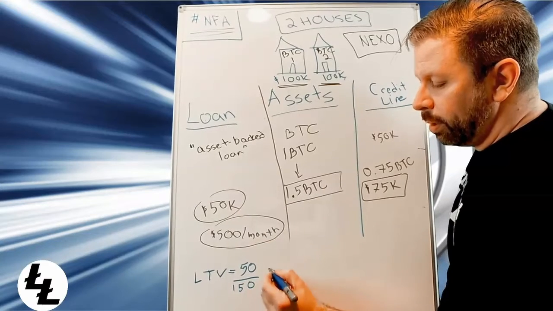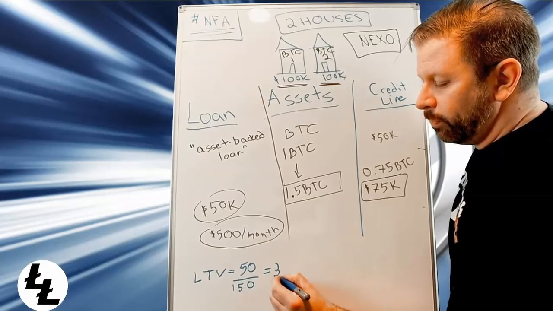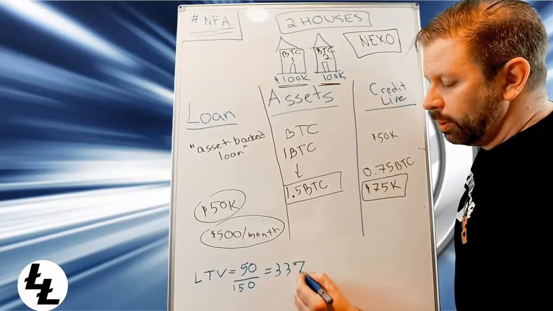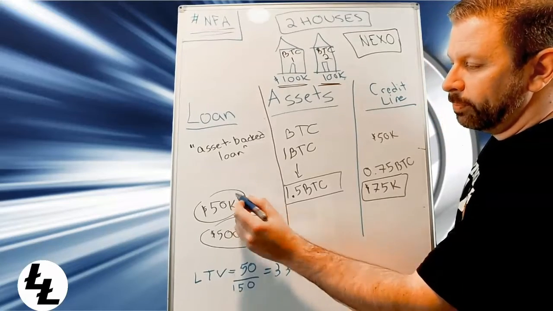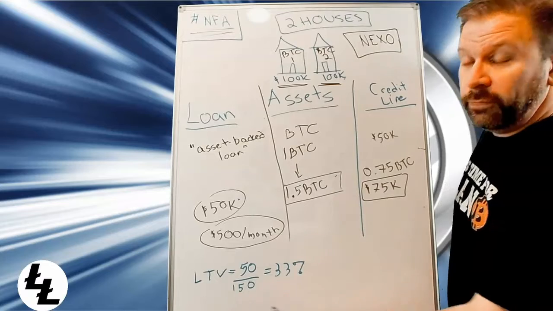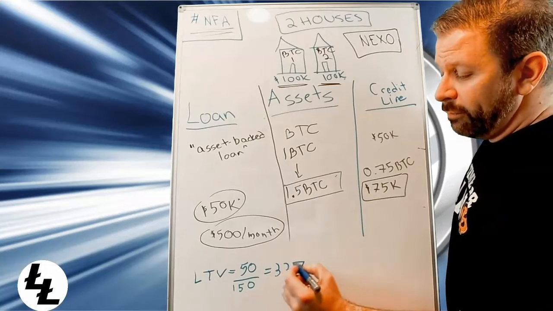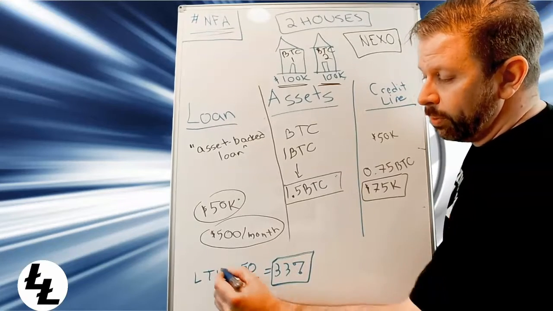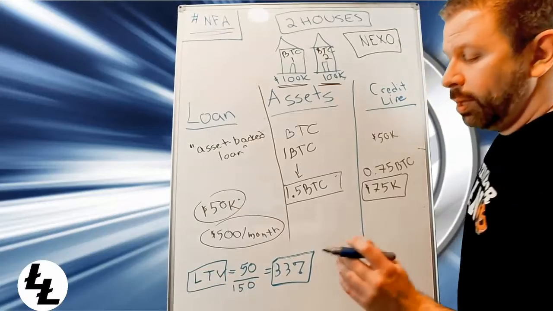So that's 33%. And that is this number over this number. And 1.5 Bitcoin in this example is $150,000. So now my loan to value is 33%. All right? Now, so that looks great.